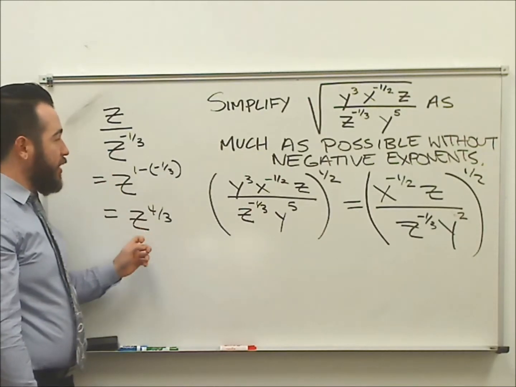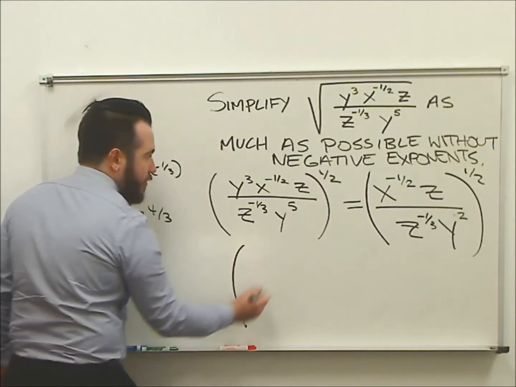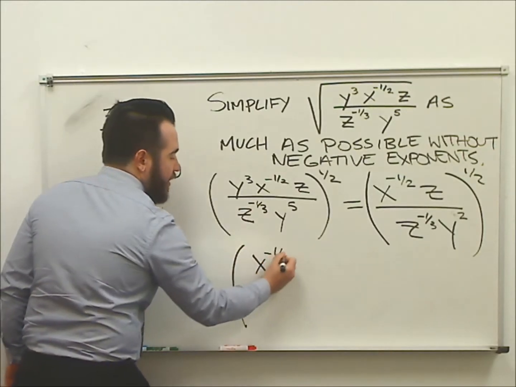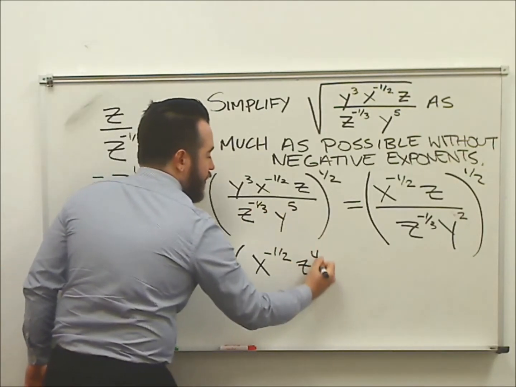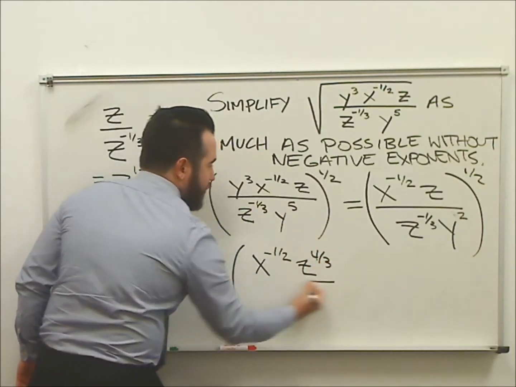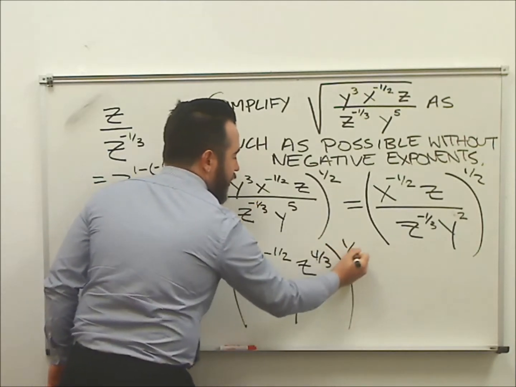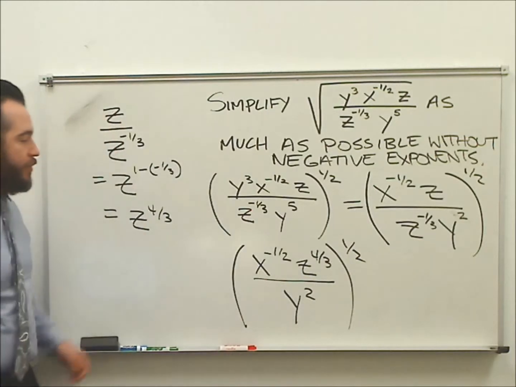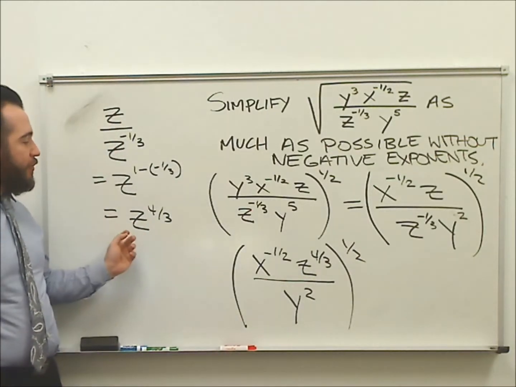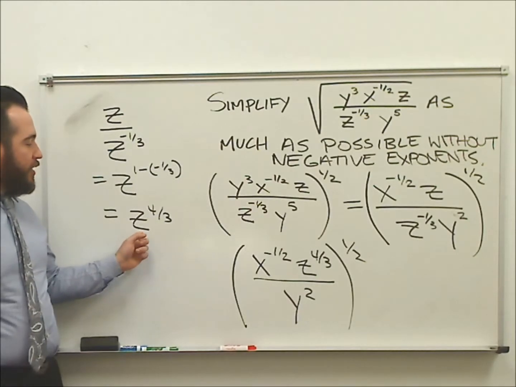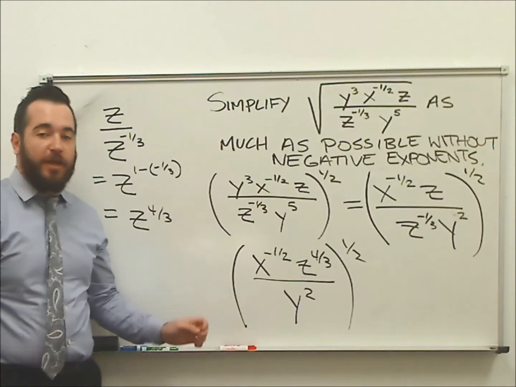All right, so that means that over here, this is going to simplify as x to the negative 1/2 times z to the 4/3 over y squared, and this is all to the 1/2. Now it's good sometimes to do this little sidebar, because then you can tell, well, this has a positive exponent, so it's going to be in the numerator.